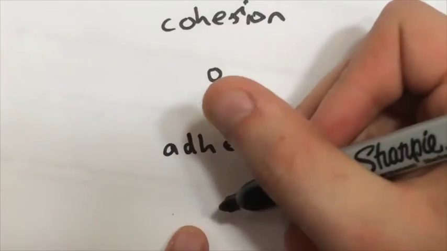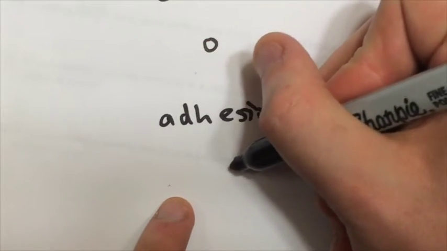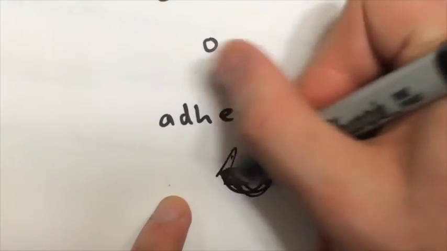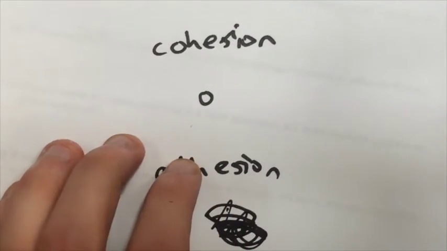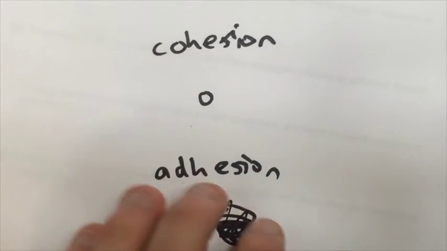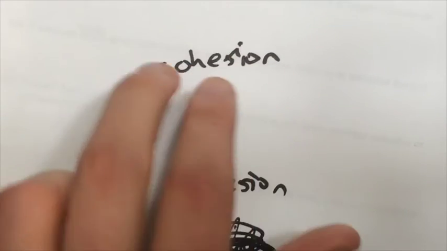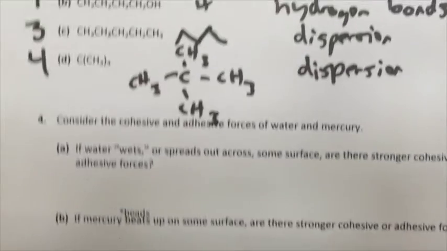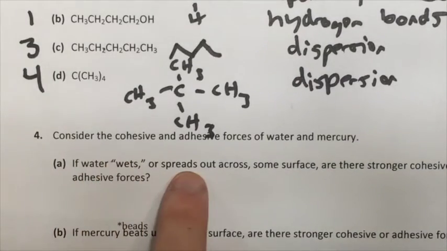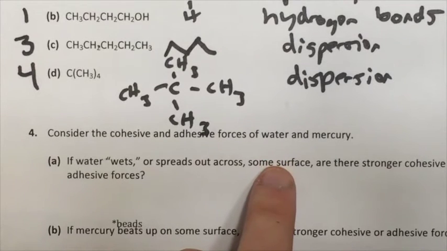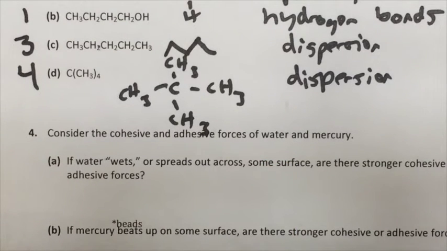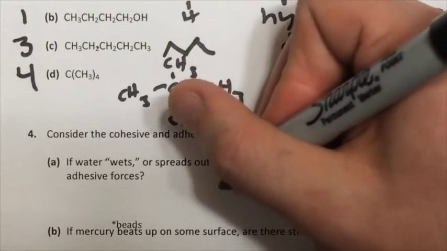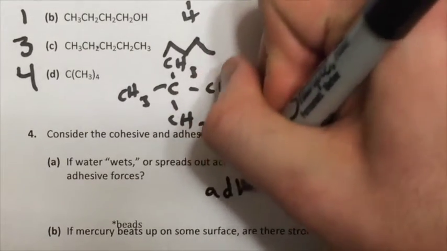So if we put a drop of water, it would spread out, okay? That's because the adhesion forces of water for paper are stronger than water's cohesion forces for itself, okay? So the first question, it says, if water wets or spreads across some surface, does it have stronger cohesive or adhesive forces? So as I just said, if it spreads across the surface, it would have stronger adhesive forces.